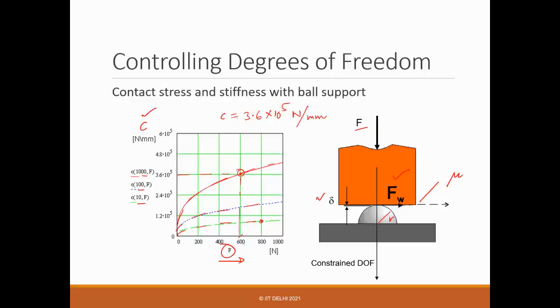Then for this, what is the radius? I think this is the radius for 1000, and this is the F. So 1000 millimeter, which is huge. This is the kind of thing you need, and with 600 Newton preload you will be able to achieve this.